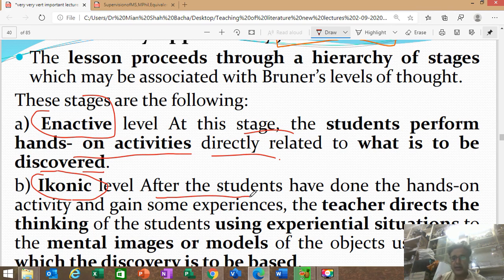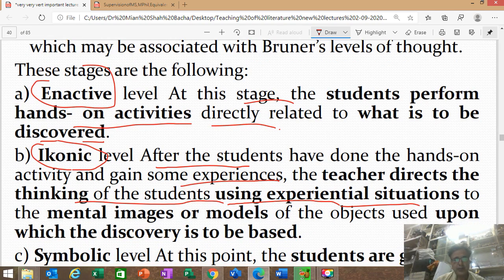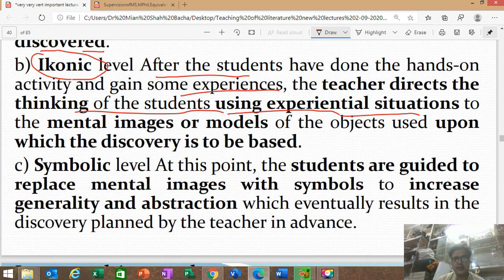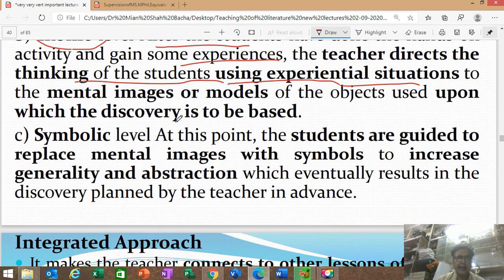After the students have done the hands-on activity and gained some experience, the teacher directs the thinking of the students using experimental situations to develop images or models of the object upon which the discovery is to be based. And then the symbolic level.